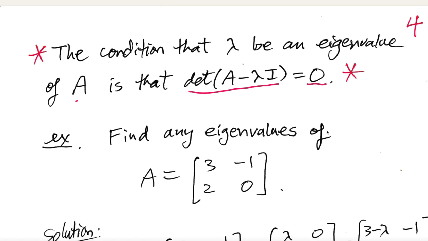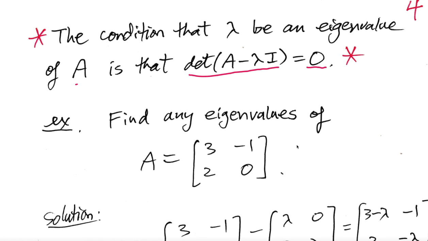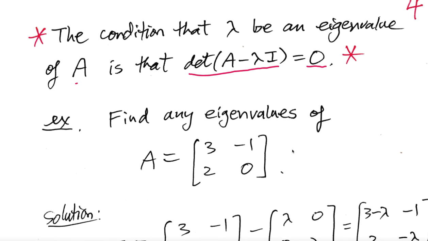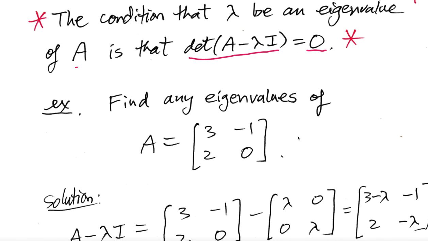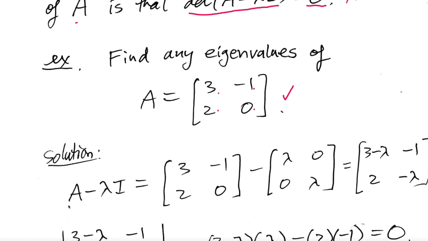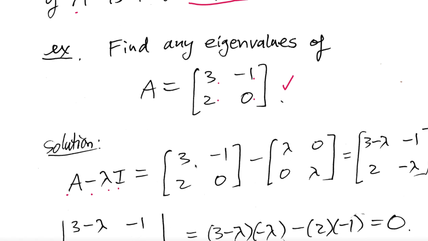I'm going to take a different A than I did in the first example. Find any eigenvalues of this 2 by 2 matrix, 3, -1, 2, 0, reading across. So that's my A. Now, what's A minus lambda I? Well, the I has to be a 2 by 2. So this is 3, -1, 2, 0, minus lambda I, which would be lambda, 0, 0, lambda.